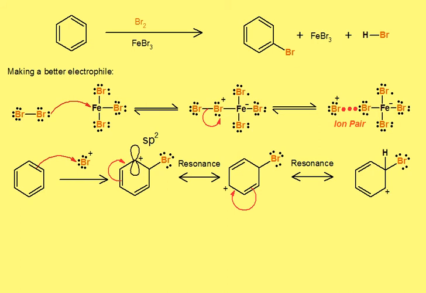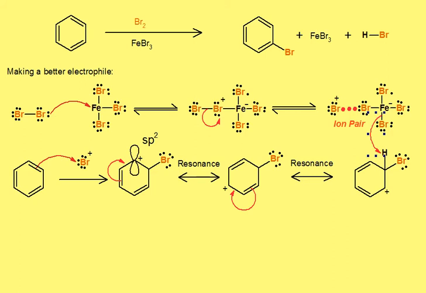Now, of course, to finish off the reaction, we need to get rid of that positive charge. And we've got that iron tetrabromide, which can use the bromine to iron bond, break it, as the bromide breaks off, picking up the hydrogen to form hydrogen bromide as a side product, and the electrons from that carbon to hydrogen bond can be used to plug in that gap and complete the aromaticity of our final product.